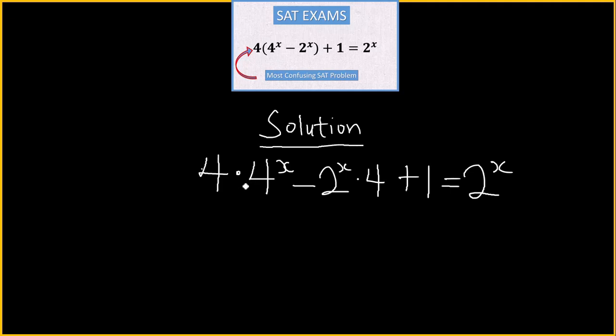Now we have 4 multiplying 4 raised to the power x, and they bear the same base, so one of the bases is written and the powers are added because of this multiplication sign: 4 raised to the power x plus 1.